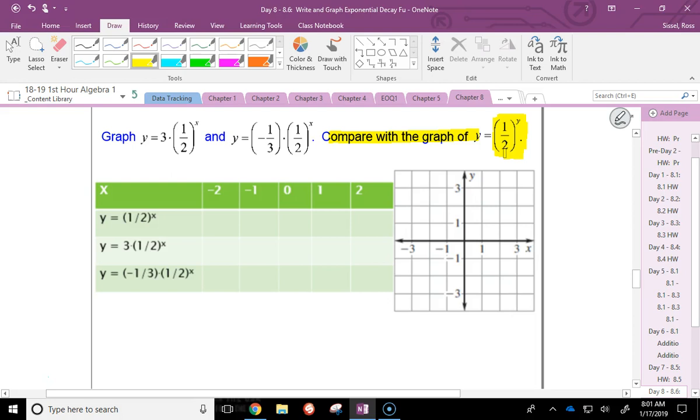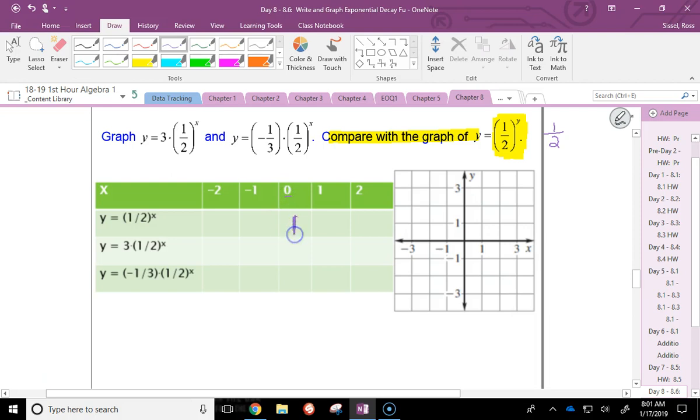Can anyone tell me what my a is going to be automatically? We know right away. 1. Because we don't have that other number being multiplied by my b. But I'm going to show the work for this one right here. So if I have 1/2, and we're going to put it to the 0, so that's the first power.